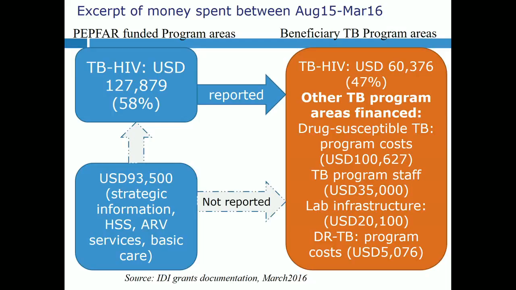So for that cost, we can only use a proportion to determine how many of the samples transported were TB samples, which cost will still be incurred whether you send a Gene Xpert sample or not, whether you send an EID sample or not, or a viral load test. So those are costs that we have actually contributed to TB programming, which may not necessarily be reported to the TB program. But it's funding that is available to the TB program to make use of.